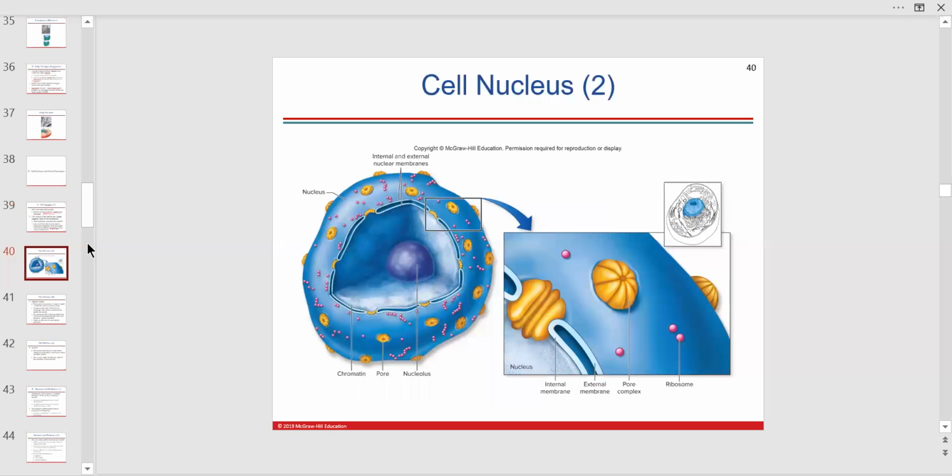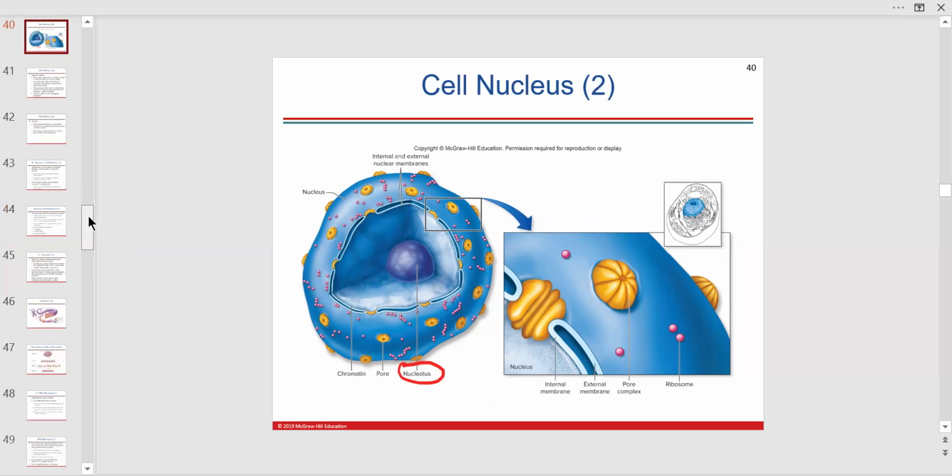This should be a close-up here of the nucleolus, which builds ribosomes and builds ribosomal RNA. And these are your nuclear pore complex, just big enough to fit these small molecules like RNA and ribosomes.